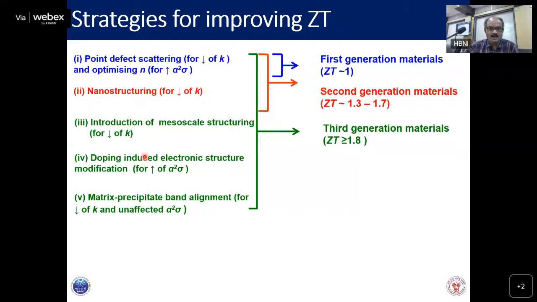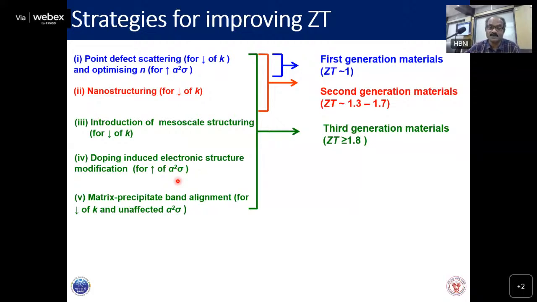So there is the introduction of mesoscale structuring, where the main purpose is to reduce the thermal conductivity, and also doping-induced electronic structure modification.